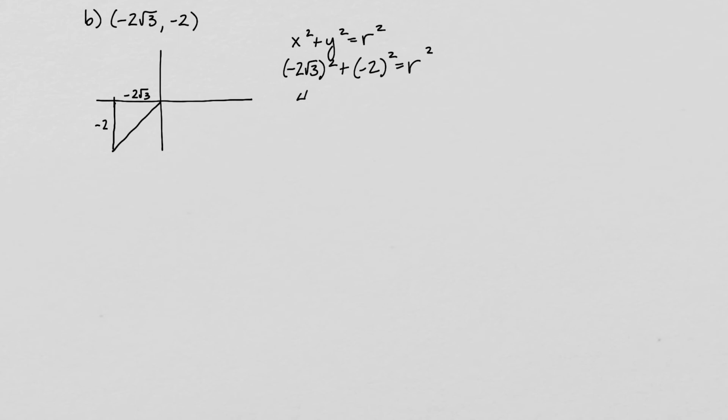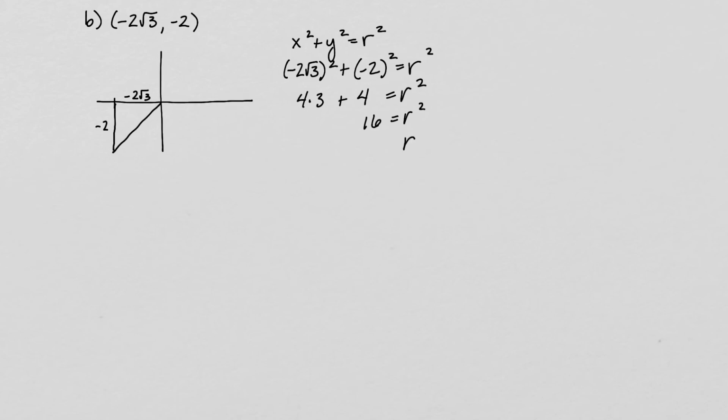So this is going to be 4 times 3 plus 4 equals r squared. So 12 plus 4 is going to be 16. So r is going to be plus or minus the square root of 16, or plus or minus 4. Again, because we're dealing with the hypotenuse here, we're going to make it the positive 4.